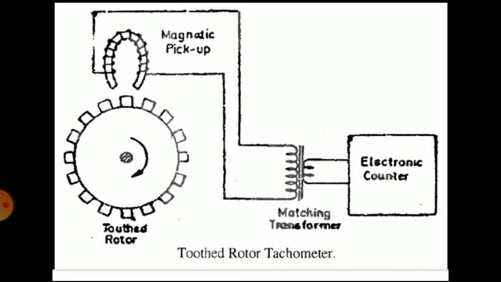Hence speed n equals pulses per second divided by number of teeth, that is P upon T, in revolutions per second. A typical rotor has 60 teeth, thus if the counter counts the pulses in 1 second, the counter will directly display the speed in RPM.